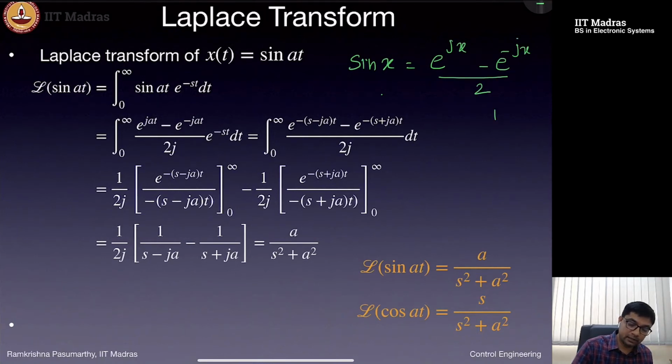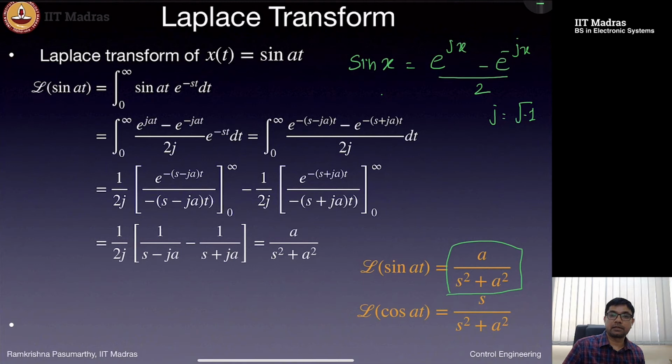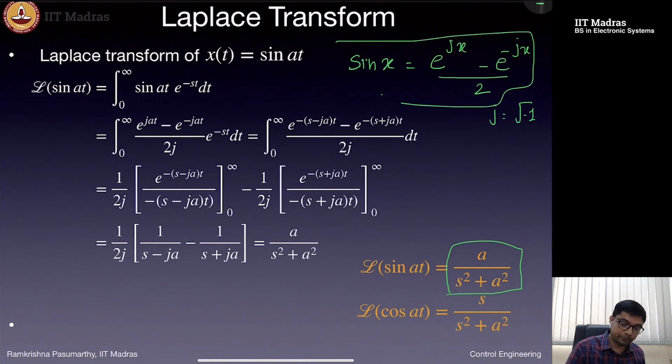Again, j here is the square root of negative 1. The steps of how I do the integration are all written here. The conclusion would be that the Laplace transform of sine of at would just be a over s square plus a square. We use this property to derive it.